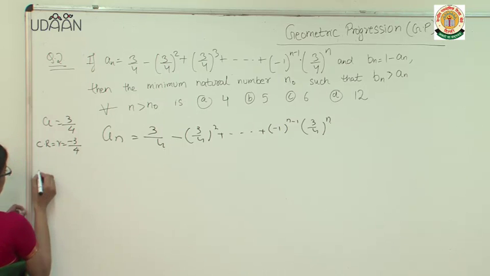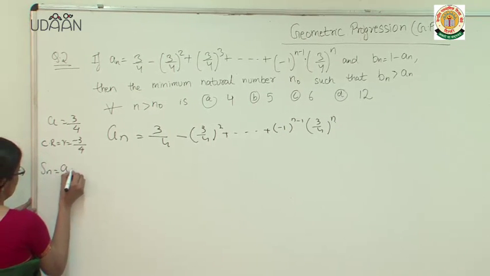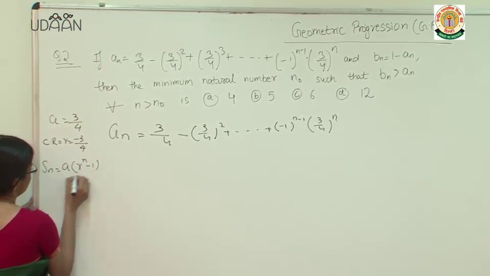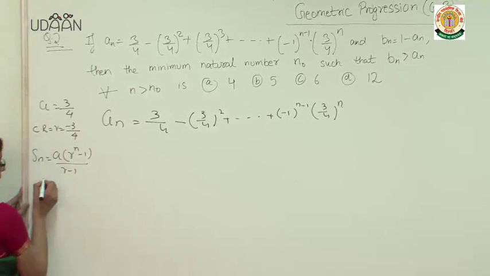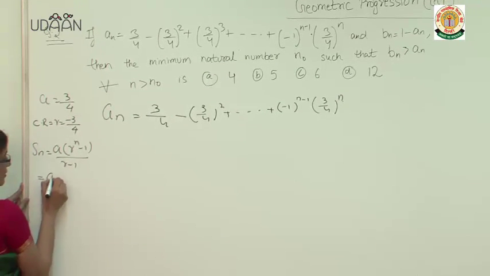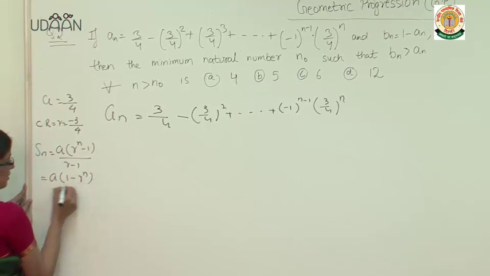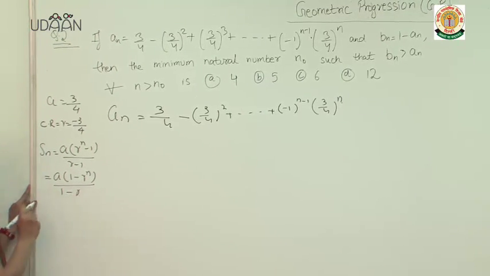Sum to n terms formula: sum to n terms equal to a into r power n minus 1 divided by r minus 1, which I can rewrite as 1 minus r power n divided by 1 minus r.